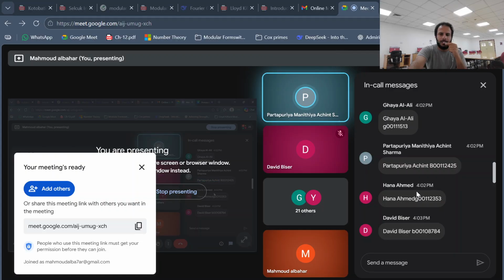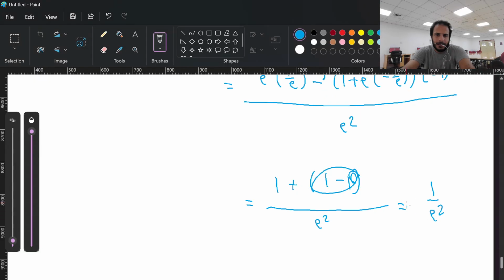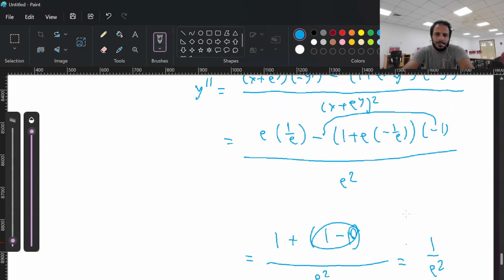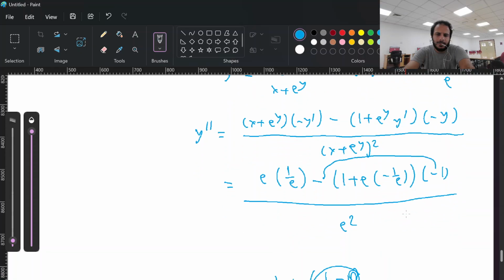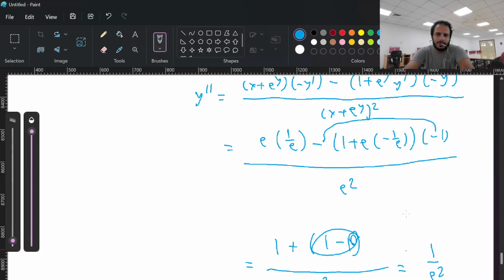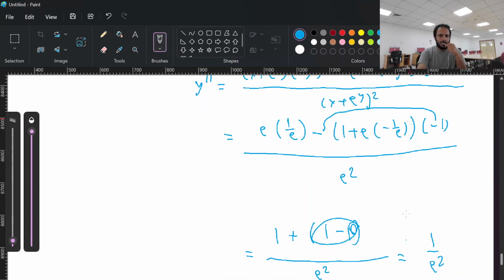Professor, for y prime, it would be minus 1 upon e. Here? Yeah, if you go up, yeah, minus 1 by, I think you can substitute that. Now here I multiplied the minus 1, right? Here it becomes a plus.